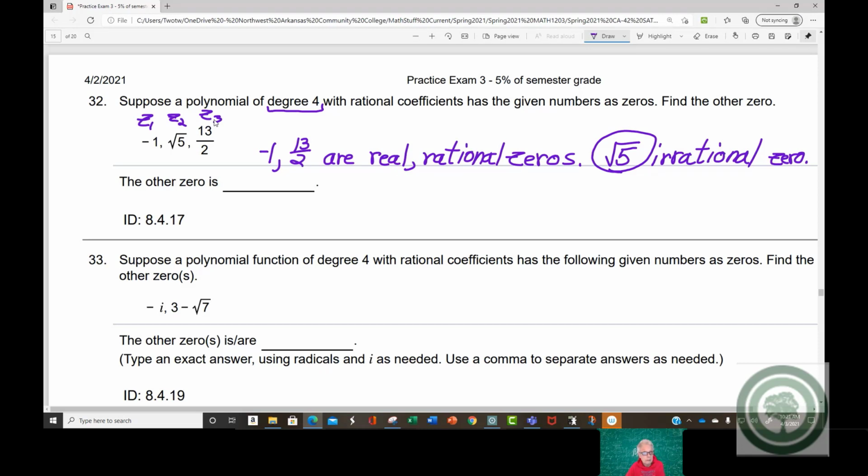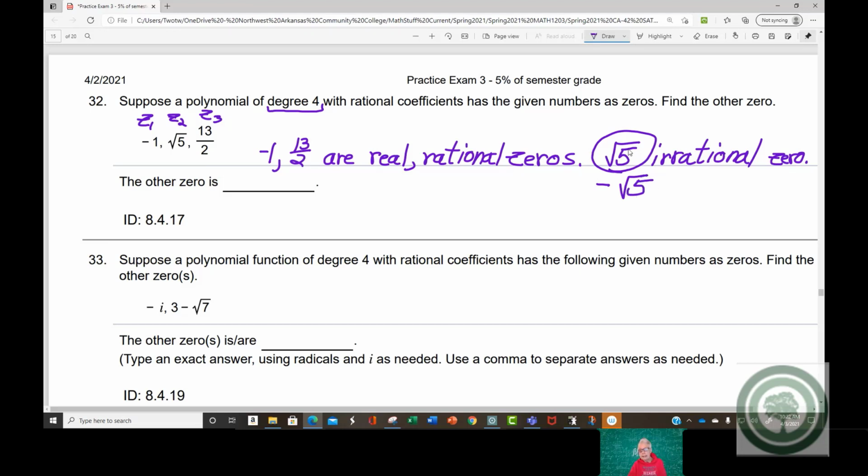You've got to have 4 zeros of some kind, or they've got to have a multiplicity. Anyway, they have to add up to 4. So what that means is that there's another theorem that says irrational zeros have to be accompanied by their conjugates.